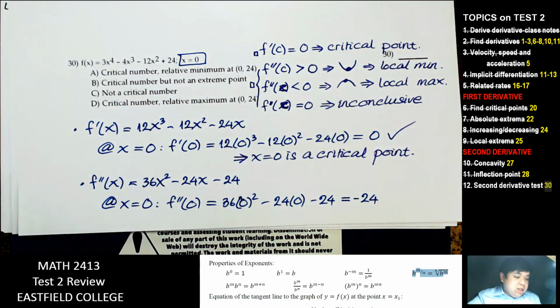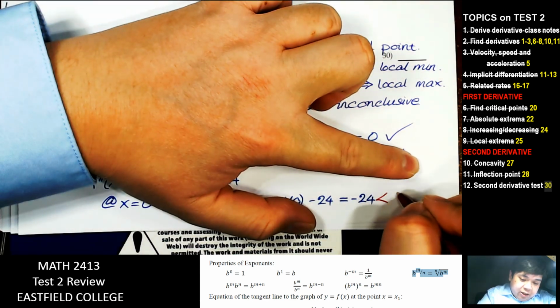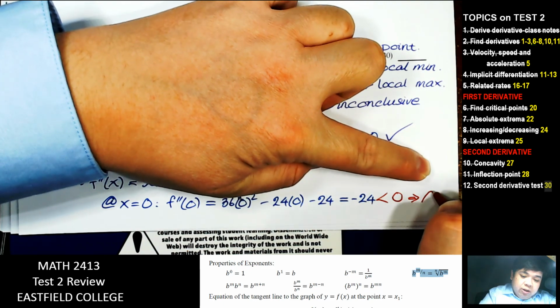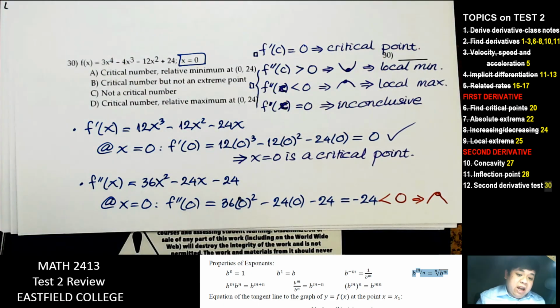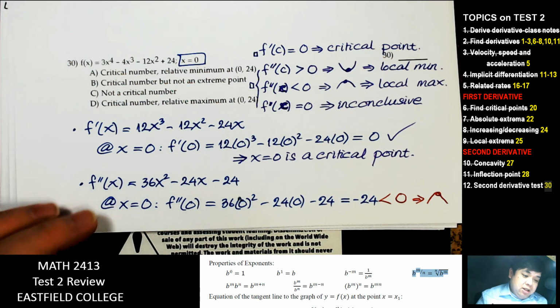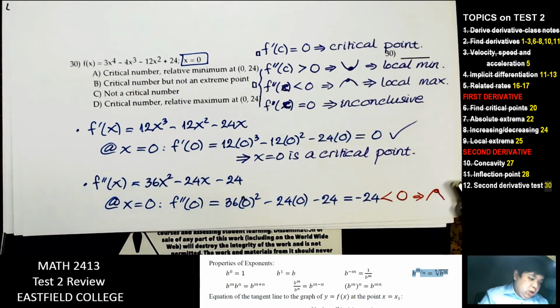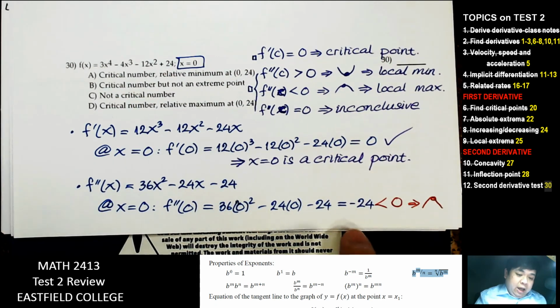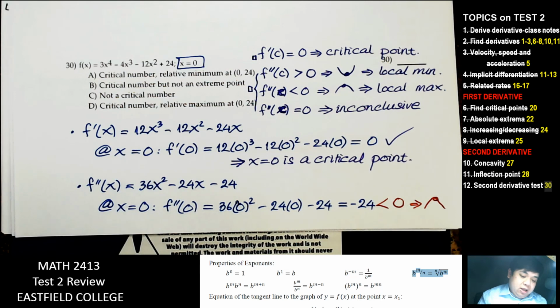So this one is negative. Negative means it opens down, and opens down can only have a local max. So we say x equal to 0 is a critical point, and it also gives us the local max.